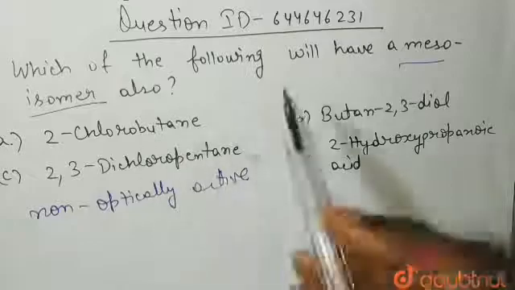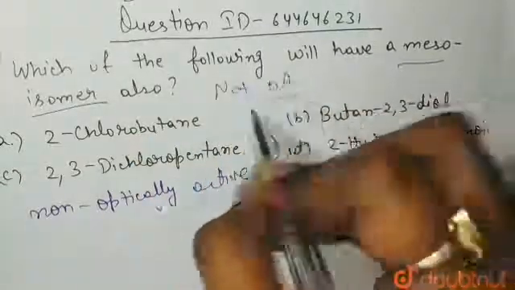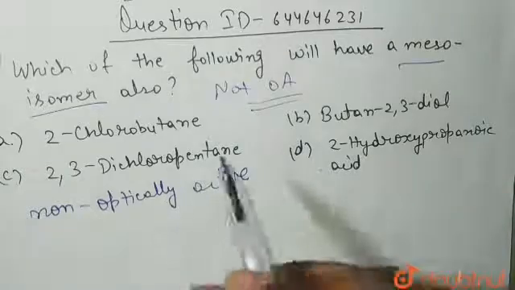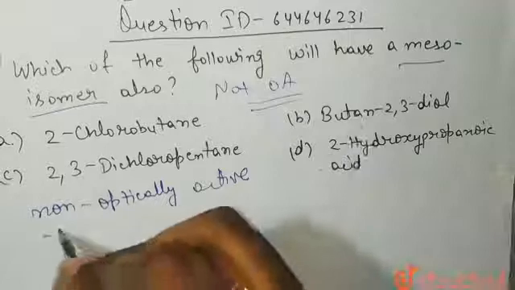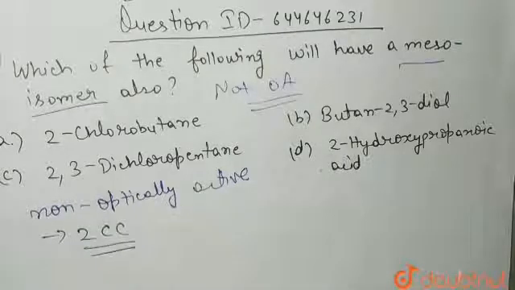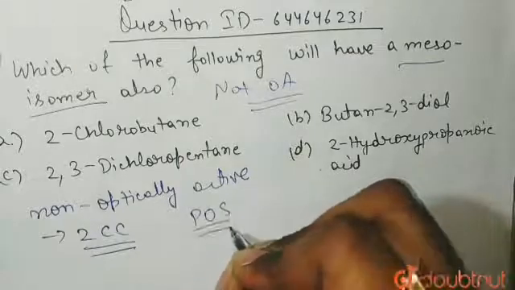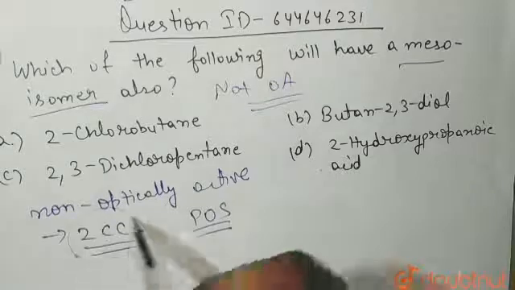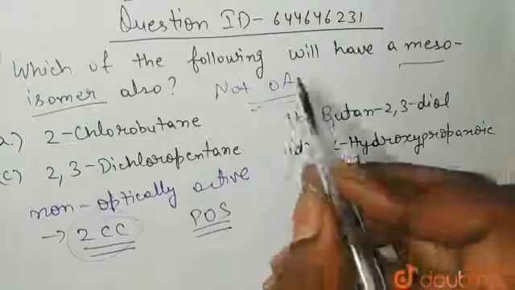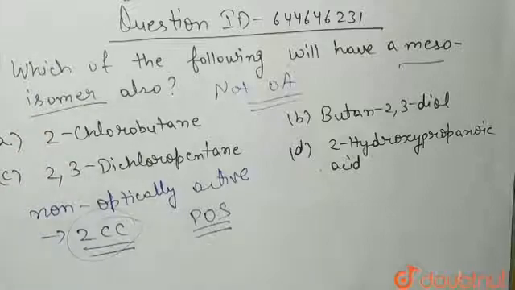In the mesoisomers, 2 chiral centers are there, but because a plane of symmetry is present in these structures, in spite of having 2 chiral centers, they are still not optically active. So these are the mesoisomers.